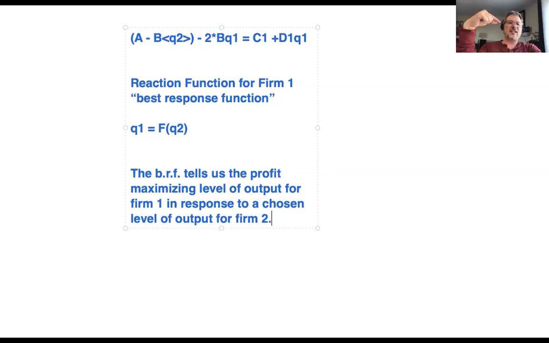And then you say, okay, given that firm one's choosing this level of output in response to what firm two chose, would firm two choose differently? And you say, yeah, because it's not the crossing point. And then you look at firm two's best response function, and they would choose a different level. And then you say, well, now if they choose that level, what level would firm one choose? And then they would choose a different level than before. And if you follow the pattern, it leads you back to the equilibrium. And it's a stable equilibrium. So there's just one point, and they move towards that point if they start at a different point.